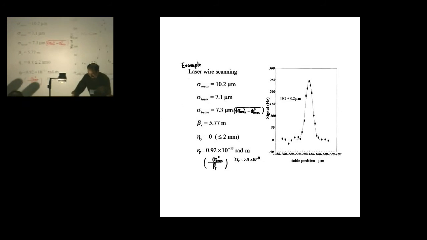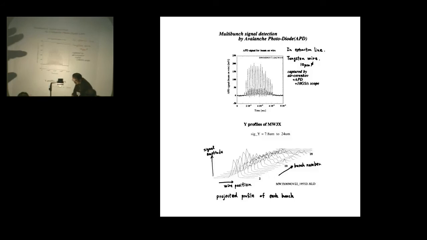Okay. Let me show another instrumentation for multi-bunch operation. This shows the signal from, in this case, a tungsten wire scanner. It is in the extraction line. And we used the air Cherenkov counter to detect the gamma rays from the wire scanner with an avalanche photodiode.